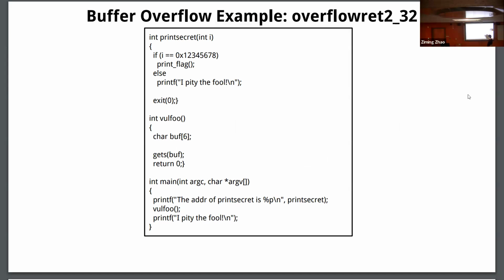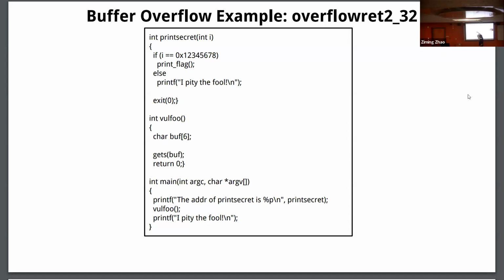The main function doesn't give you the address of print_flag directly. Instead, it gives you another function's address, print_secret. The print_secret function has an argument i, and it will check if the argument is 1, 2, 3, 4, 5, 6. If it is, it will print the flag. Otherwise, it prints the default message.